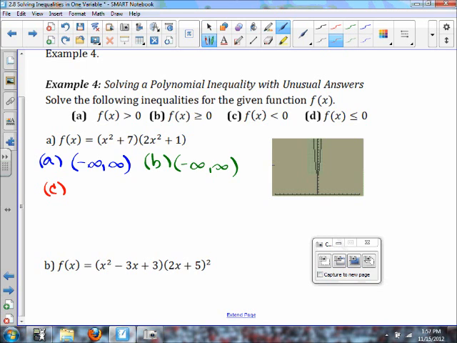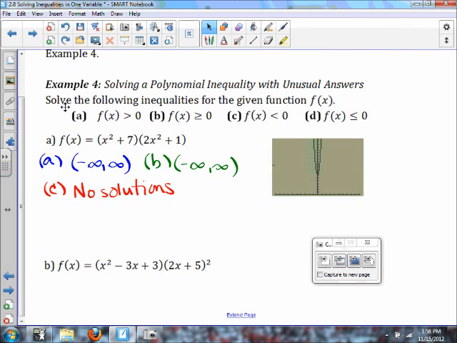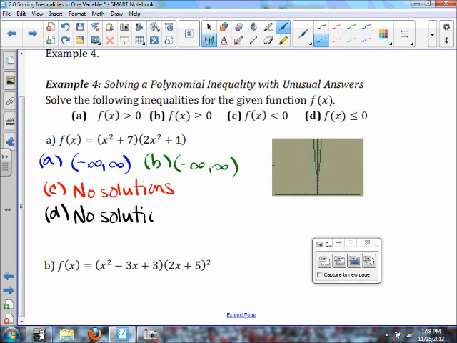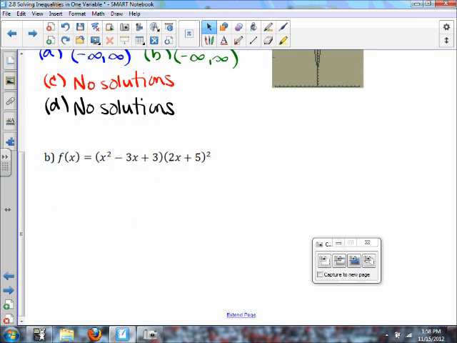It is not less than 0 anywhere, so this will be no solutions. And it's not less than or equal to 0 anywhere, so D will also be no solutions. Remember, we're always looking for above and below the x-axis.